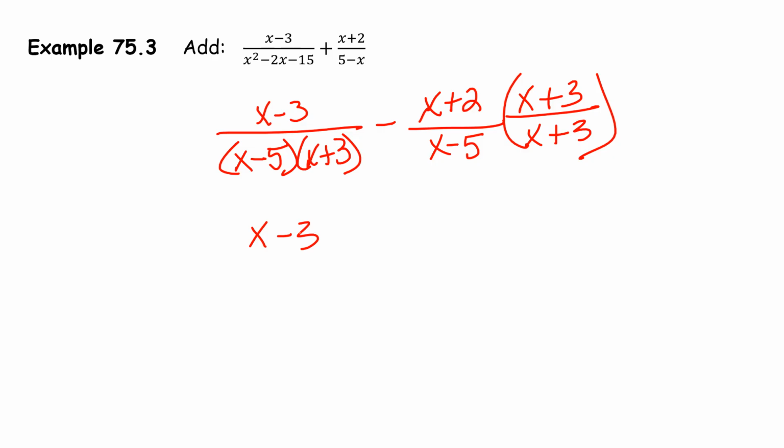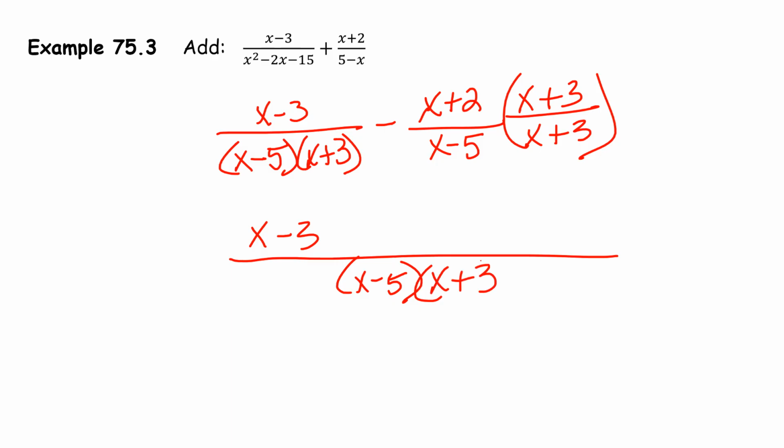So x minus 3 all over x minus 5 times x plus 3. And remember that you have to think of the fraction as having parentheses around it, because you will need to multiply the whole numerator by x plus 3 and the whole denominator by x minus 5. And also this minus sign is going to have to be distributed as well.